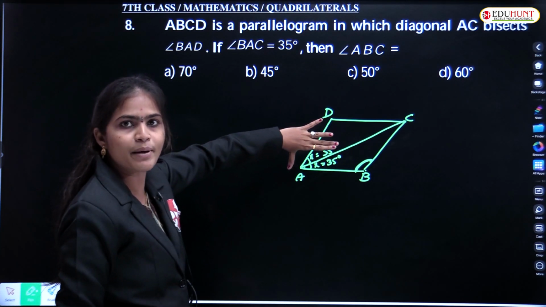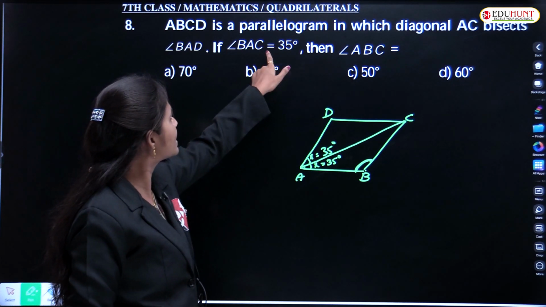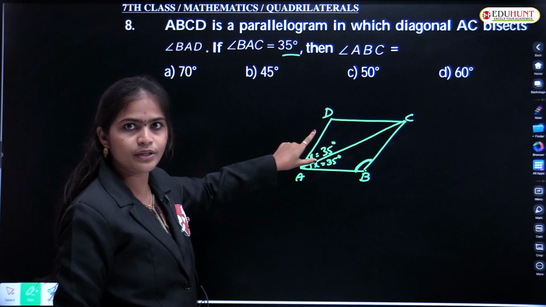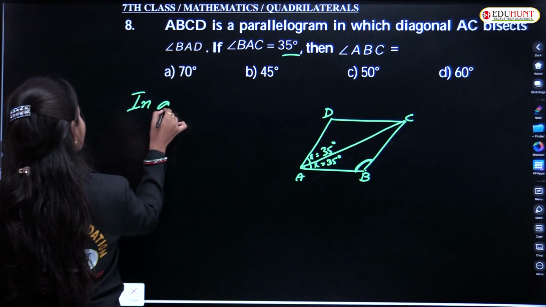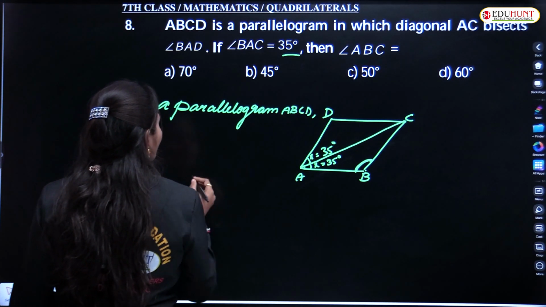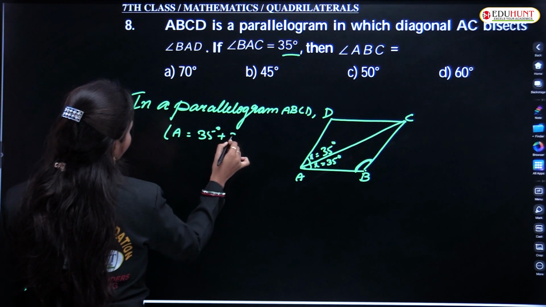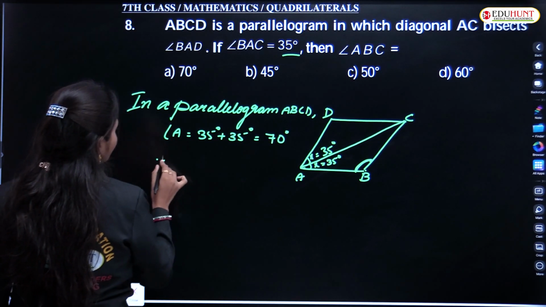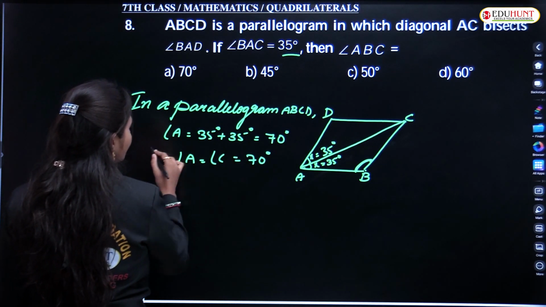Because AC is the angular bisector at A. So at A, half of the angle is given as 35 degrees, so the other angle is also 35. So in parallelogram ABCD, angle A is equal to 35 plus 35, which is 70 degrees. Therefore angle A is equal to angle C, which is 70 degrees.